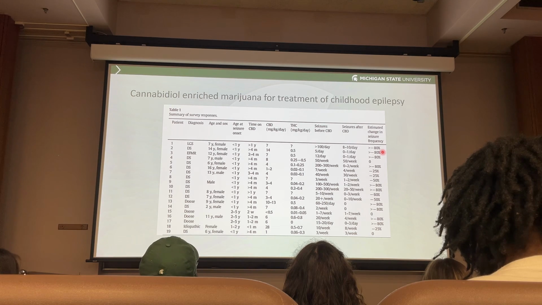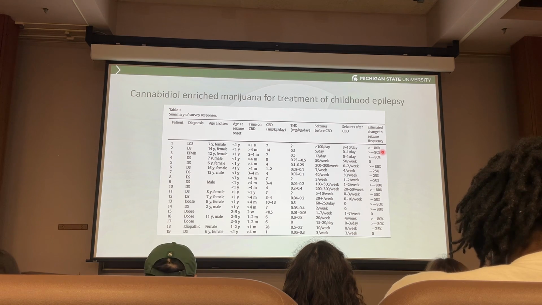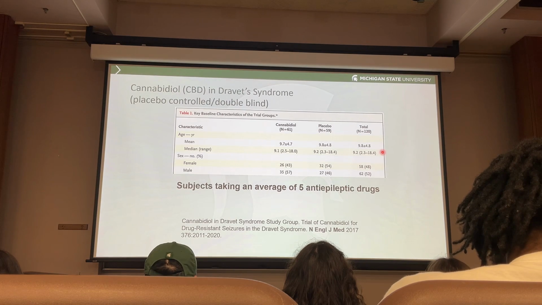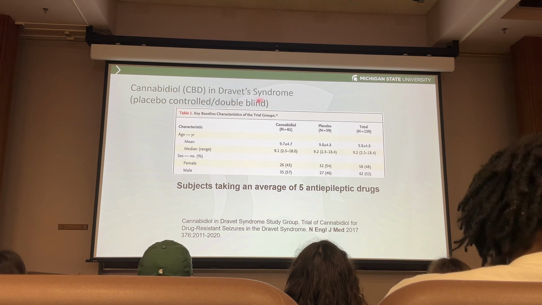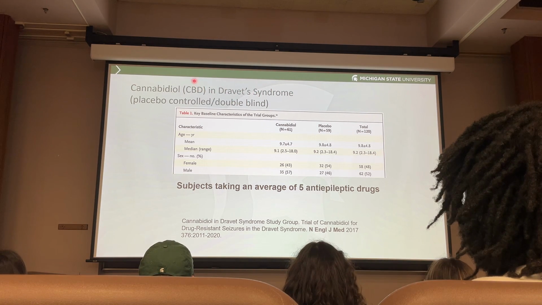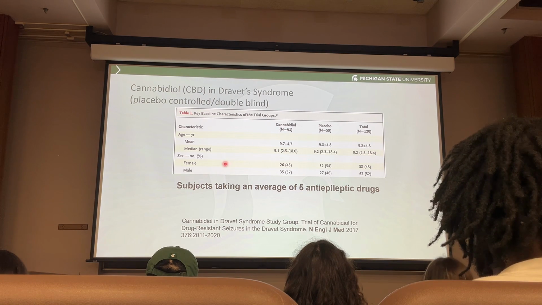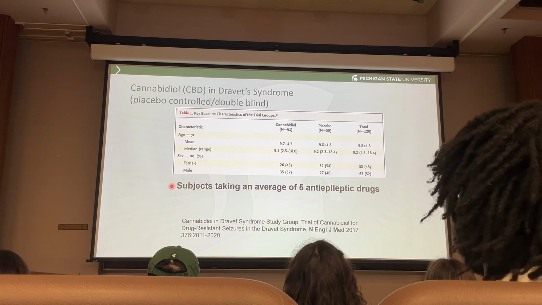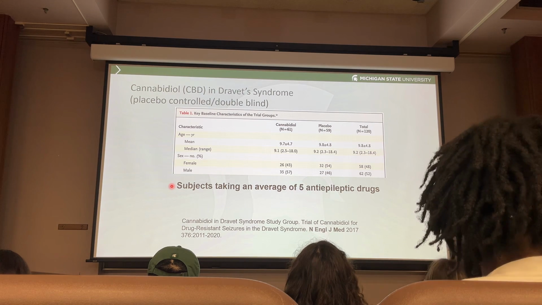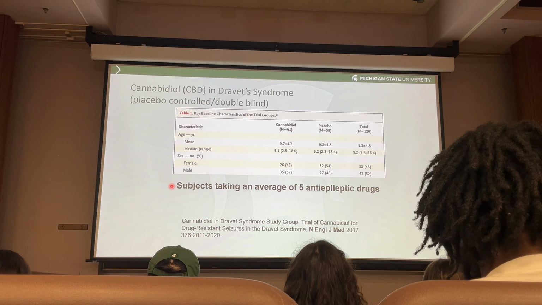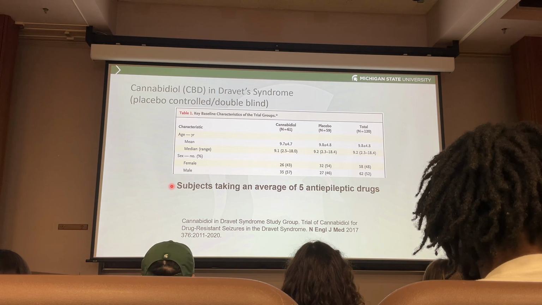Anyway, so cannabidiol, and here enriched with THC, can be used to treat childhood epilepsy. More specifically, a different analysis of Dravet syndrome, specifically just with CBD, is shown here, and I won't go into all of the data, but just brought this up because, as I said, most of these subjects are already on an average of 5 anti-epileptic drugs, and they have a number of pretty horrible side effects.